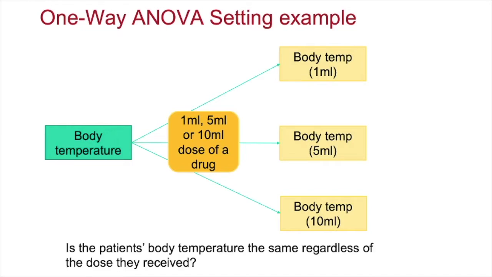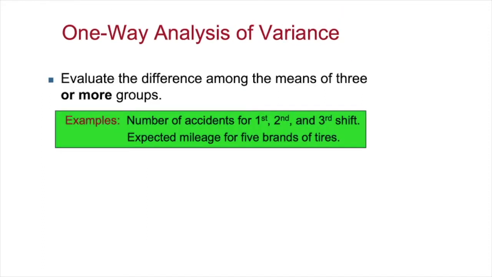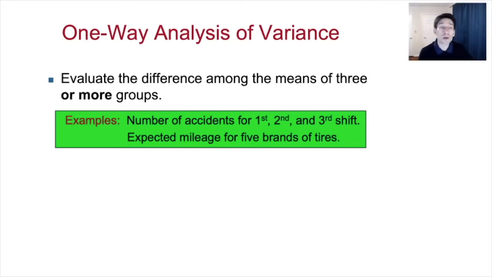And we ask the question, is the patient's body temperature the same regardless of the dose that they received? And so in general, one-way analysis of variance allows us to evaluate the difference among the means of 3 or more groups. Here are some other examples. Maybe you're counting the number of accidents that happen during the first, second, or third shift at a factory.